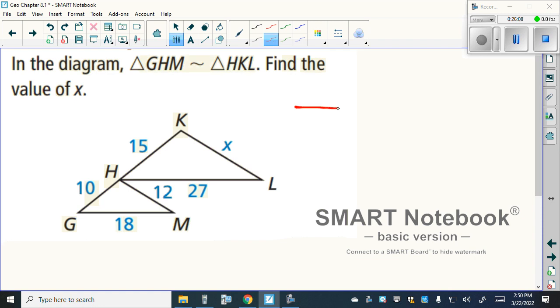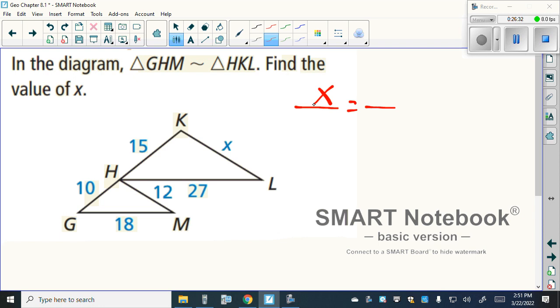We'll do another one. In the diagram, triangle GHM is similar to triangle HKL. Find the value of x. Now, we're wanting to find x, yes? Which side lengths does it correspond to?